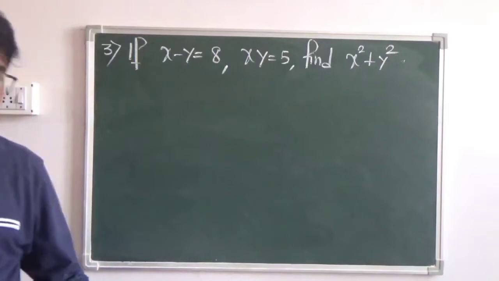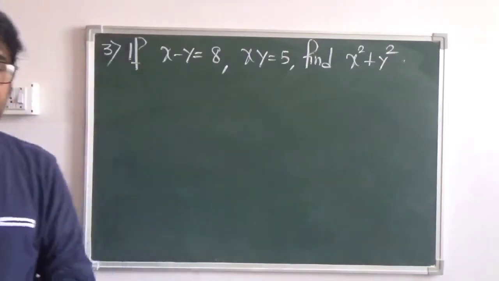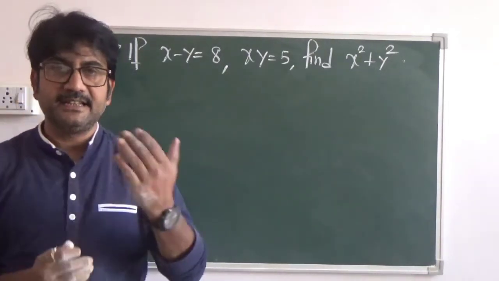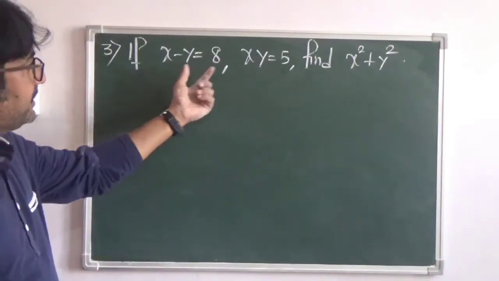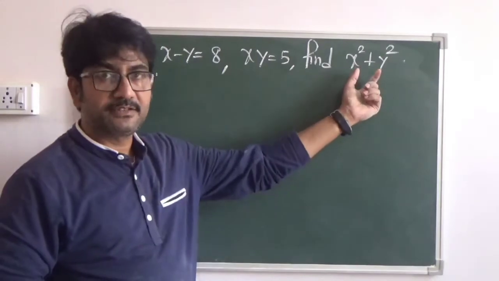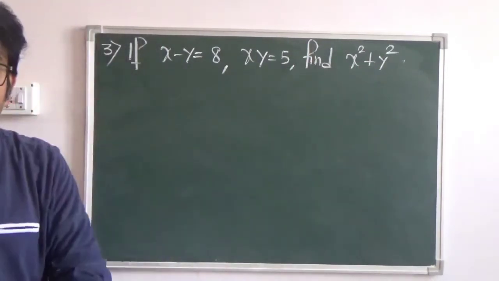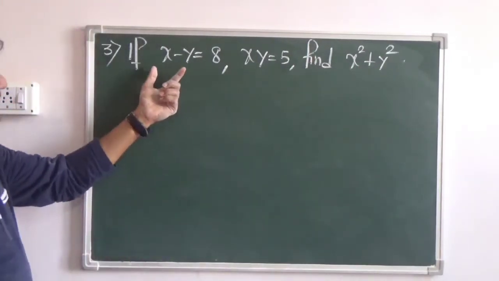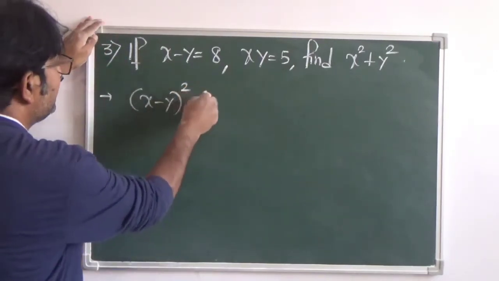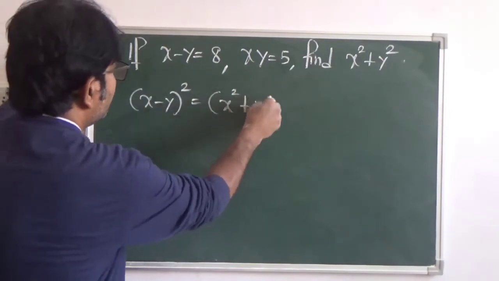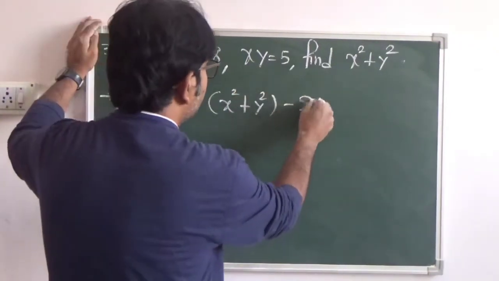You can see very clearly, if you remember the identity, (a + b)² is a² + b² + 2ab. Here it is x minus y, so the expansion of (x - y)² is x² + y² - 2xy.